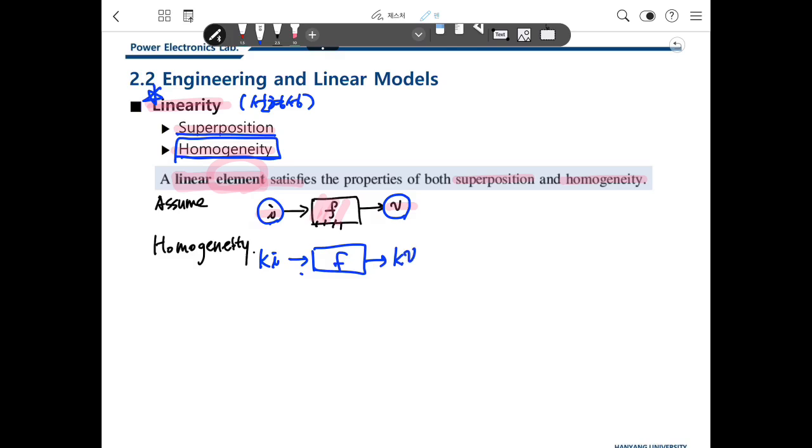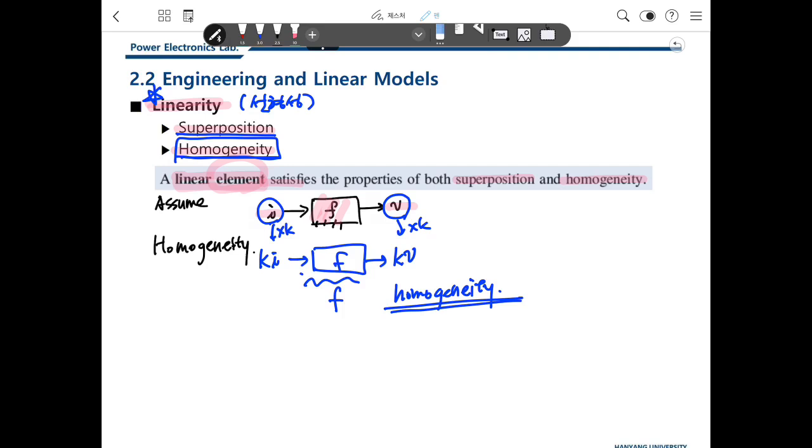This is multiplied by K. Then you can say F satisfies the property of homogeneity. So we can summarize.